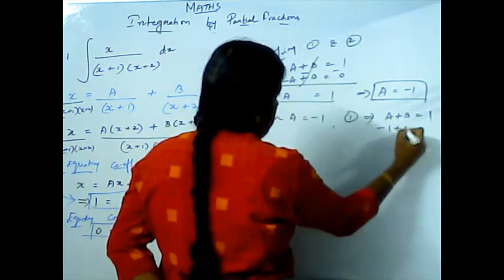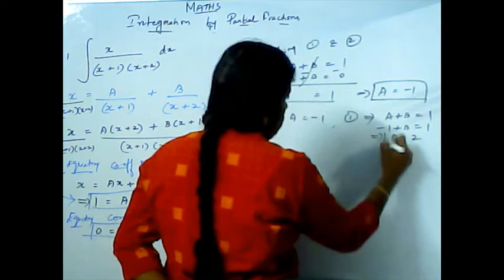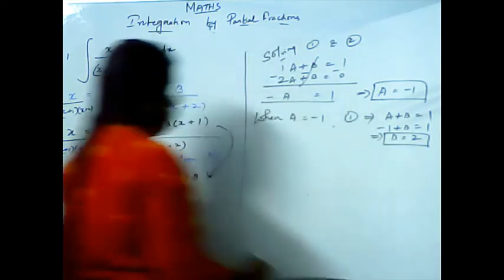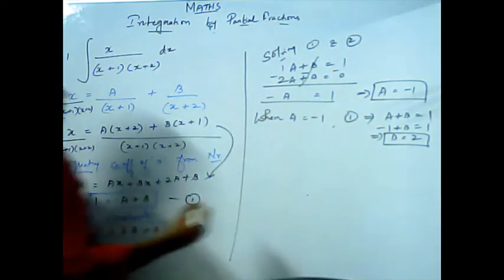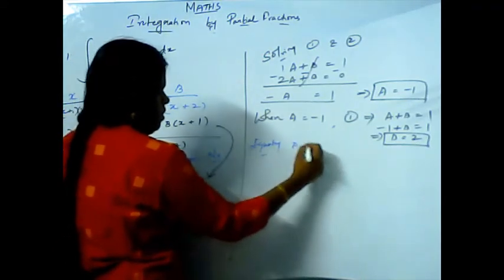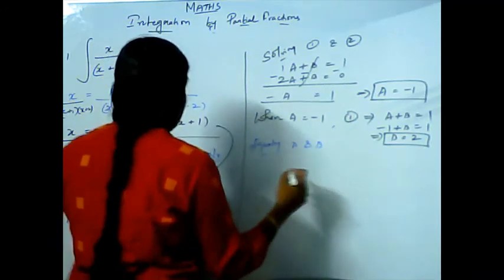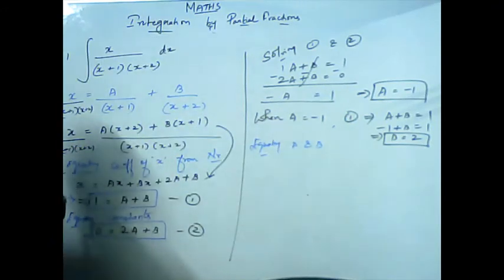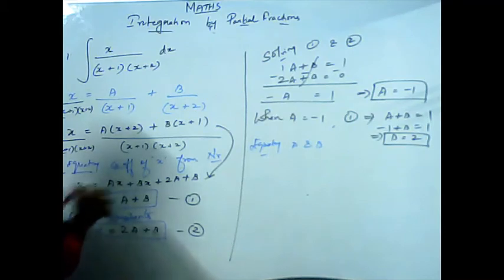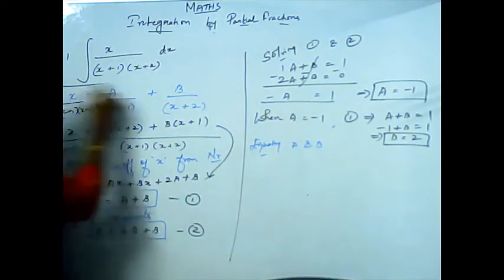So minus 1 plus B equals 1, which implies B is equal to 1 plus 1, which becomes 2. So we have found A and B.